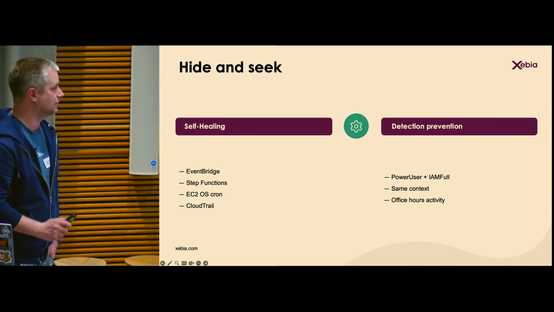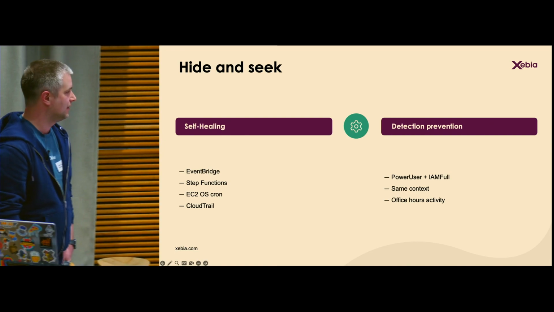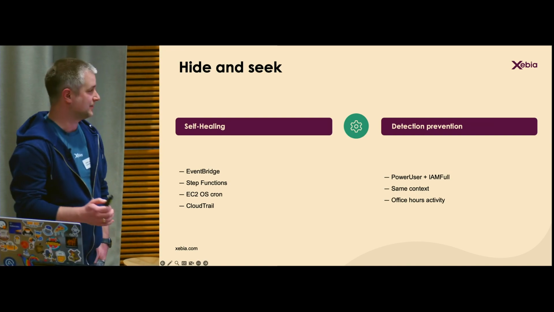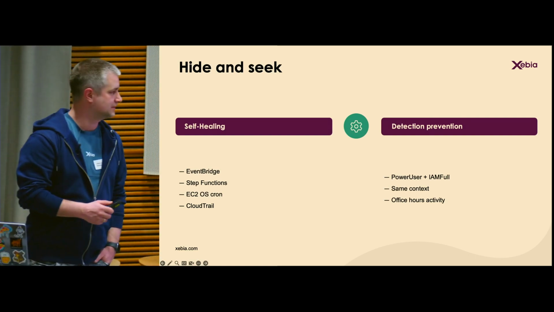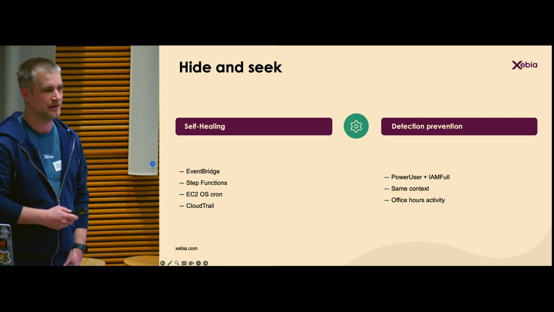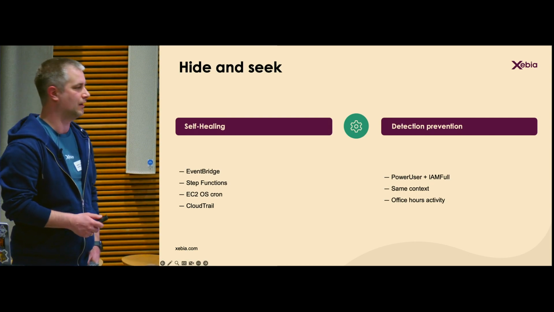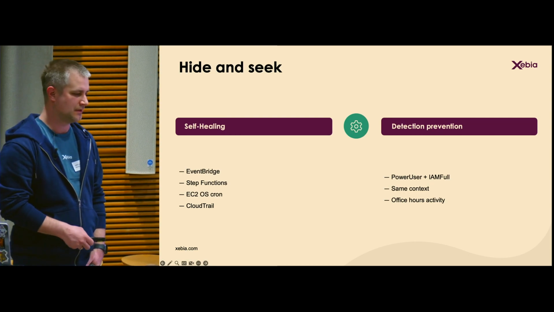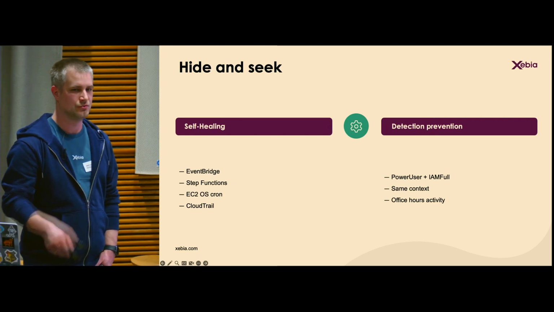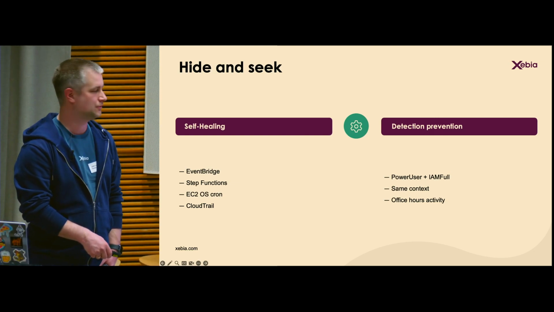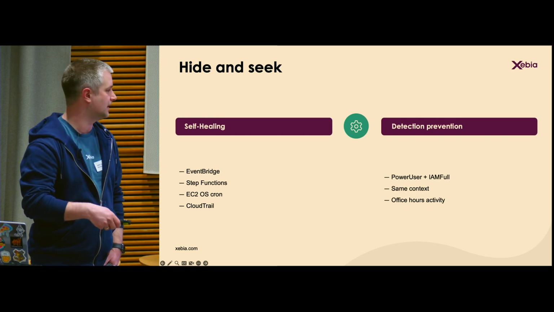And a bit of hide and seek. For self-healing of my backdoors, I can, for example, use EventBridge, and I can either create a cron there, or I can look for specific API calls when you delete one of my backdoors. It can trigger Lambda to rebuild that.